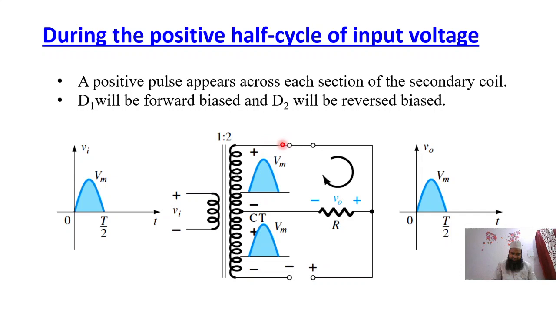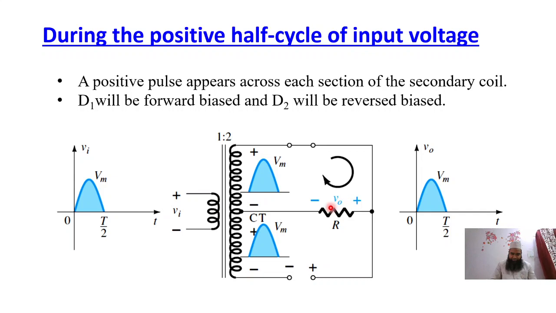In this case, diode D1 will be forward biased due to positive at this point, and at the same time diode D2 will be reverse biased due to the negative at this point. Now D1 is forward biased and it will conduct current, flowing this way.